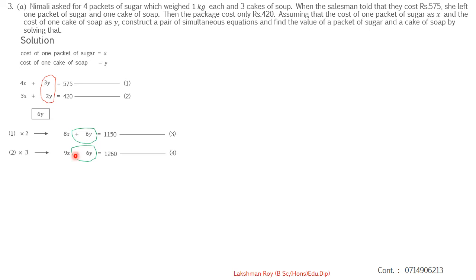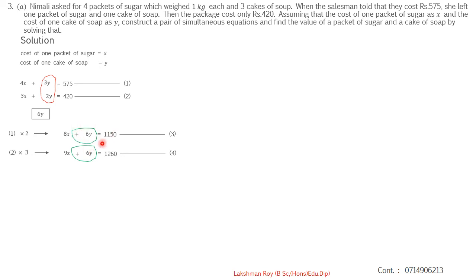So what I want to do is remove this y term, right? So to remove this y term, I should subtract these two, right? When you subtract these two, I can remove it. So same sign means both have the same sign, I have to subtract, right?